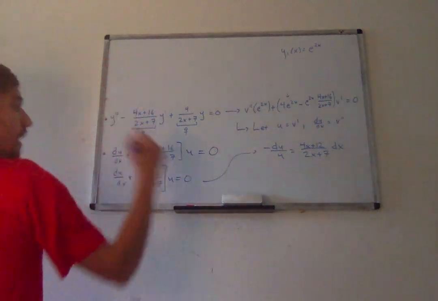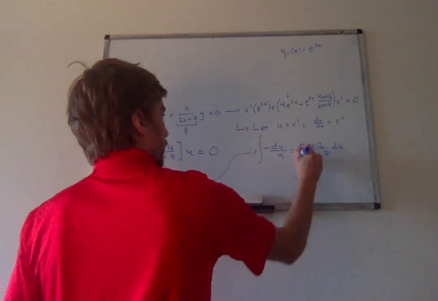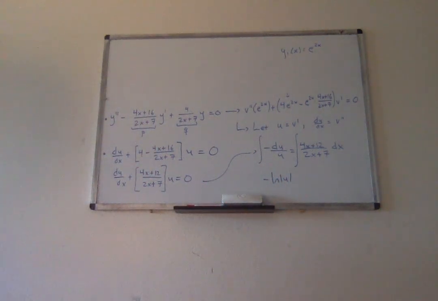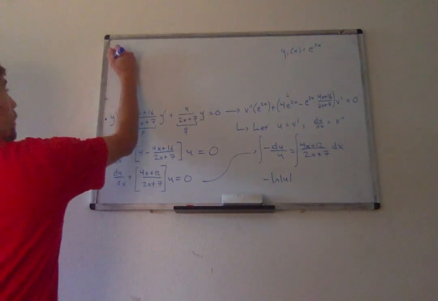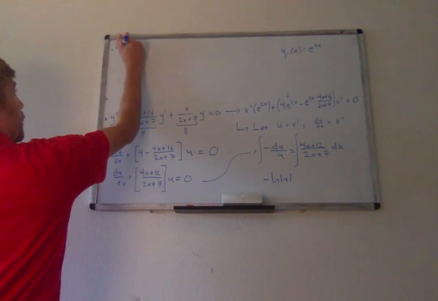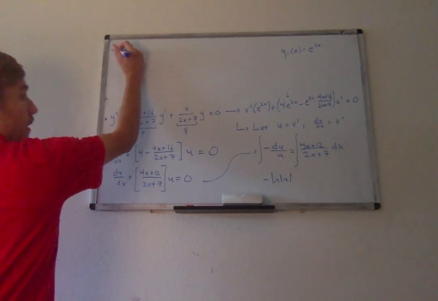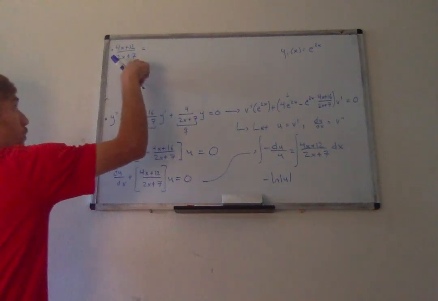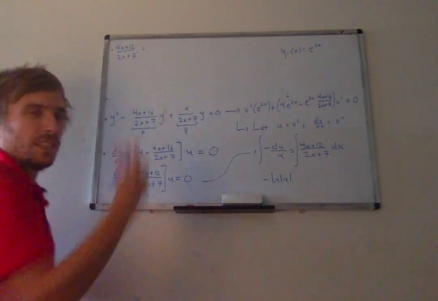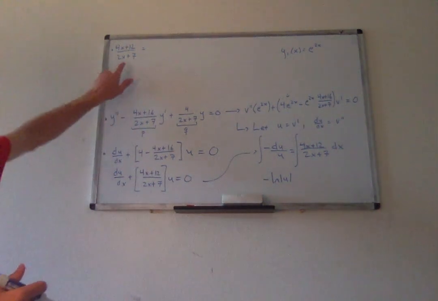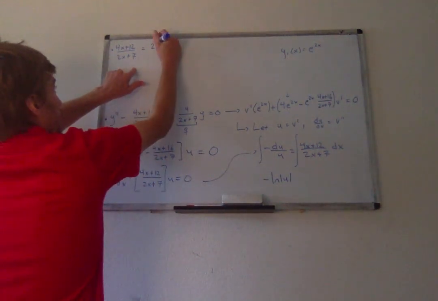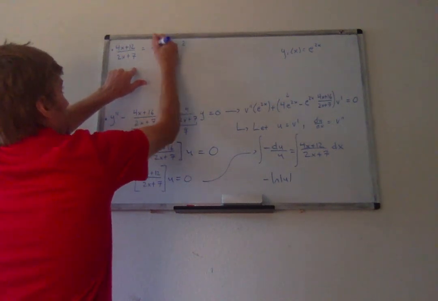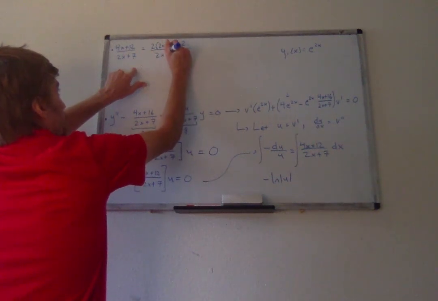All right, the left-hand side of this just integrates to negative ln u. For the right-hand side, I'm going to rewrite this function. This is equal to, and this is almost sort of like a partial fractions thing, 2 times 2x plus 7 minus 2 over 2x plus 7.